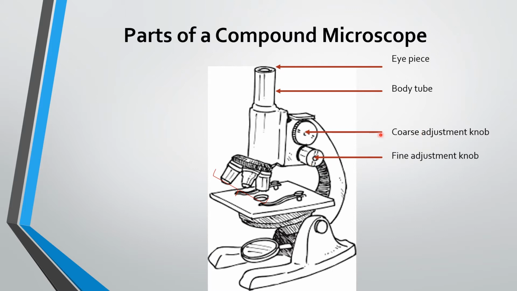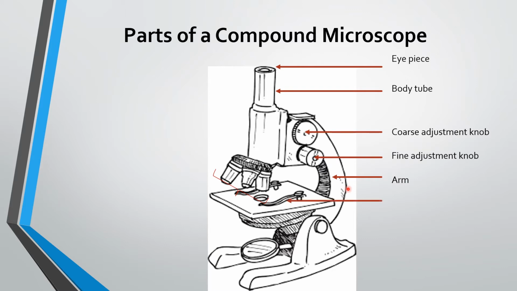So using this coarse adjustment knob, you can change the length of this body tube to a larger extent when observing a specimen. And also by using this fine adjustment knob, you can adjust the length of this body tube by a smaller distance to make the specimen clearer. And here you have the arm, and we use this arm for carrying the microscope from one place to another.